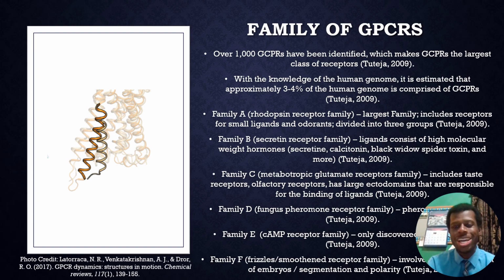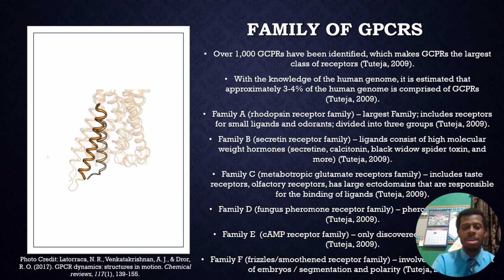As we are starting to wind down a bit, I'm just going to go over some families of GPCRs. We have 6 families associated with G protein coupled receptors, and they are the largest class of receptors.